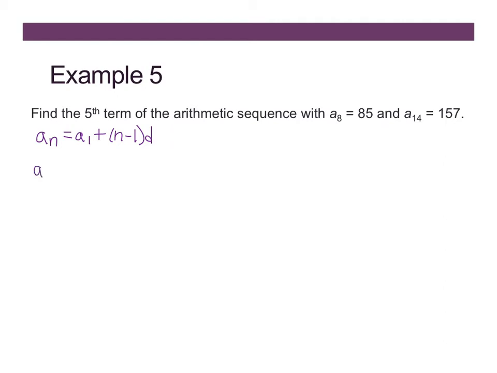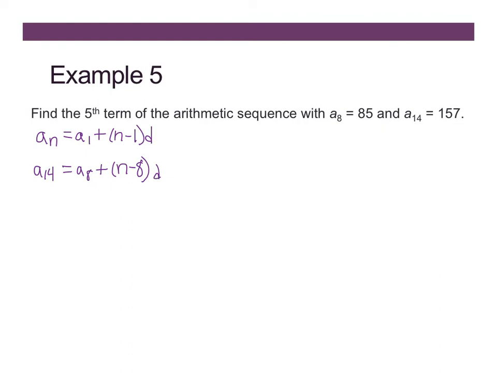We're going to say we know a sub 14 equals a sub 8 plus n minus, now instead of n minus 1, it's n minus 8 because we're using a sub 8 here, times the common difference d, of which we still don't know.